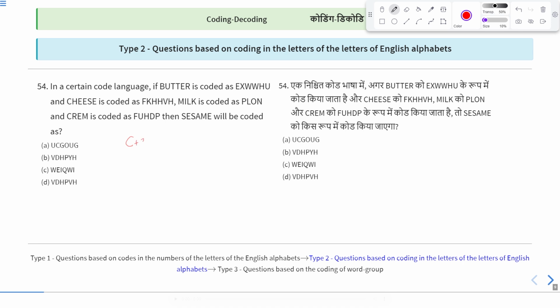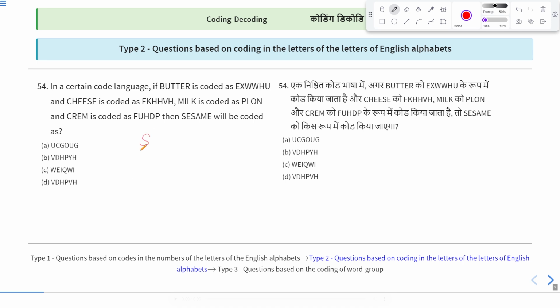Checking the same, C plus 3 is F, H plus 3 is K, E plus 3 is H, S plus 3 is V, and A plus 3 is D again. So for cheese and milk, MILK plus 3 would give PLON, and so on.